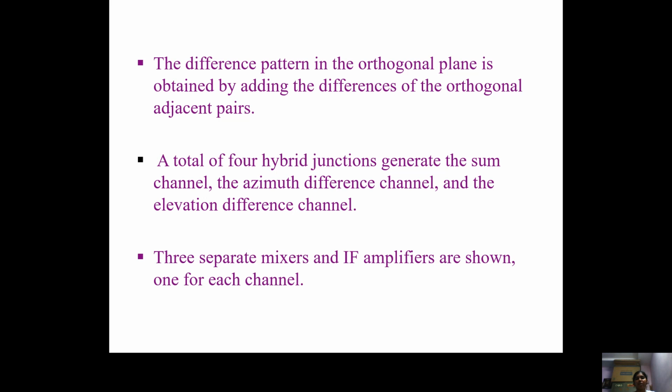A total of four hybrid junctions generate the sum channel, the azimuth difference channel, and the elevation difference channel. Three separate mixers and IF amplifiers are required, one for each channel. So to separate carrier frequencies, to maintain the phase shift, and to maintain the intermediate frequency for each channel, we need three separate mixers along with three separate IF amplifiers.